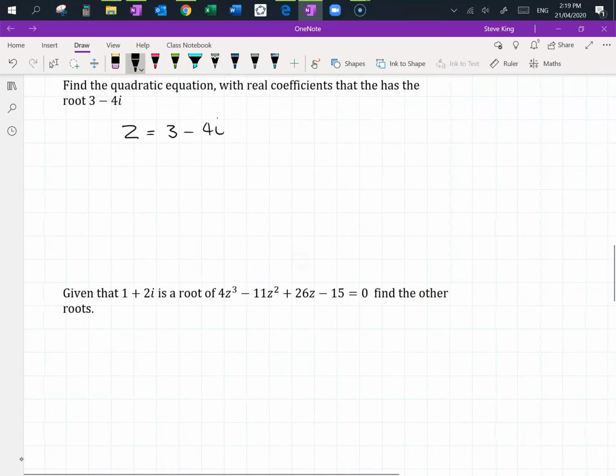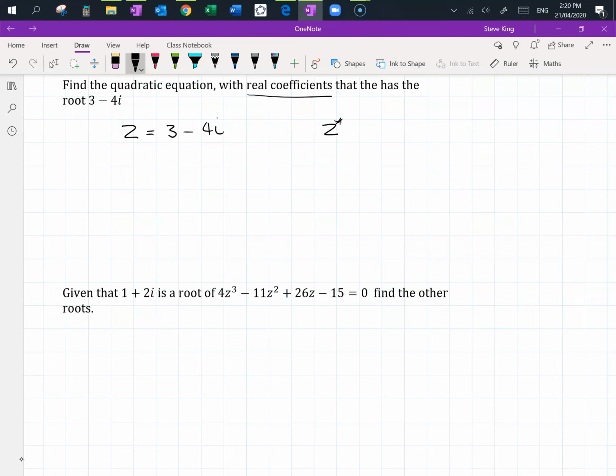Now they've told us that the equation has real coefficients. Because it's got real coefficients, every complex solution must have a conjugate pair that goes with it. So I've got another solution, and that other solution is that z conjugate must equal 3 plus 4i. So if those are two solutions to this equation, then I can take this back a bit.